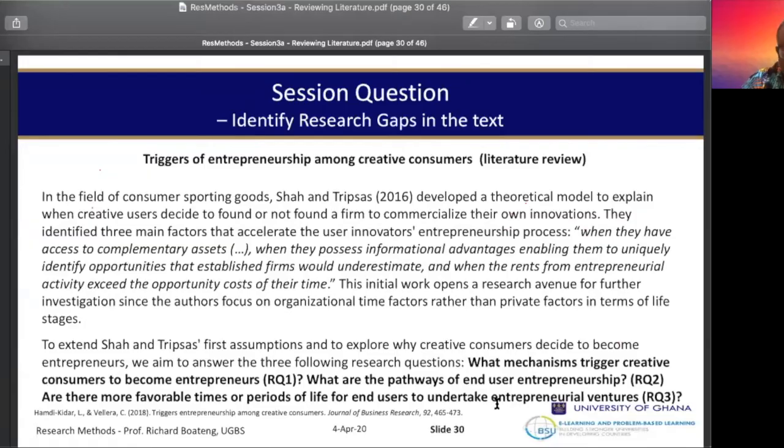No. Shah and Tripsas's model is just an initial work. So there's a need for somebody to go beyond and extend Shah and Tripsas's model, and that is what he's doing. So now the issue gap gave her the area to start the research in, and then the theory gap gave her the research questions. Sometimes somebody may ask, can I use two types of gap in the same study? Yes, this is how they can come up together.